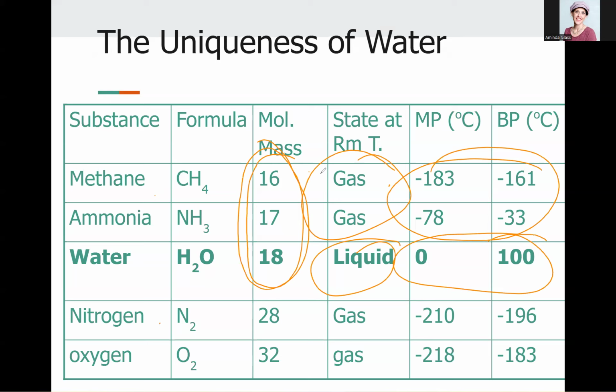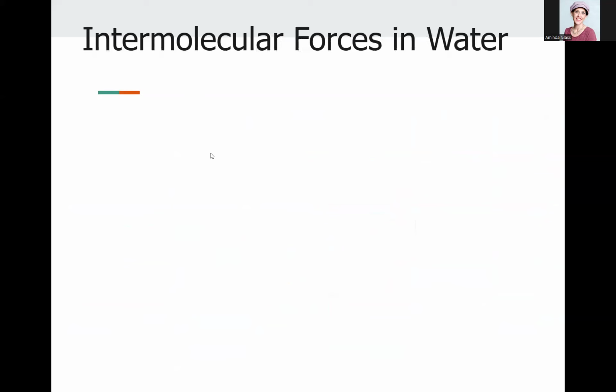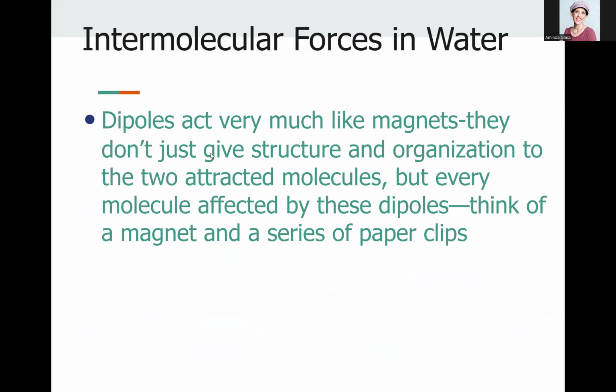And then you have nitrogen and oxygen, which both have larger molecular masses than water. You can see their state at room temperature, they're gases, and their melting and boiling points are so much lower than water's. So water, because of its hydrogen bonding, has a lot more strength than other molecules its size.